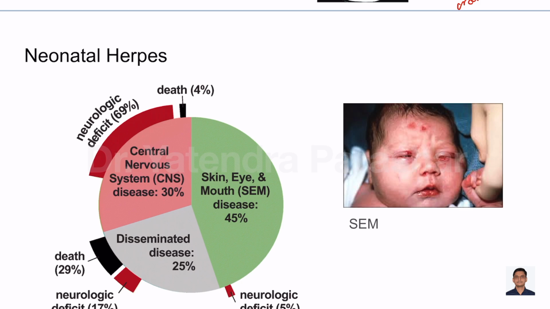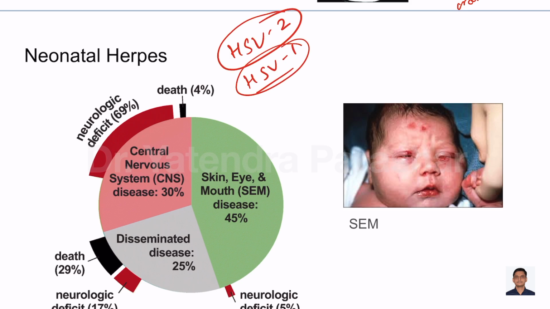Now come to neonatal herpes infection. Neonatal herpes is caused mainly by HSV2, and in some cases by HSV1. It is transmitted during the peripartum period, and not through the transplacental route.